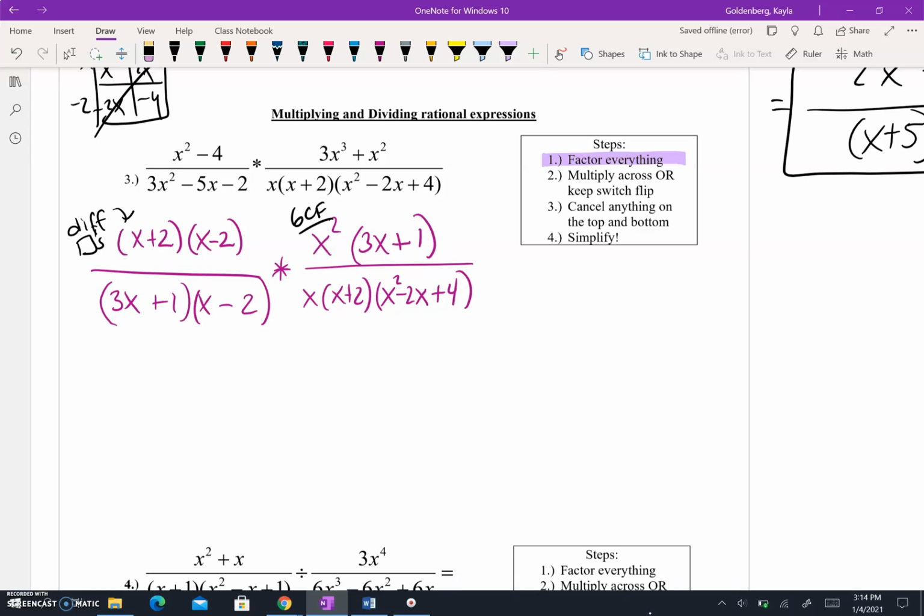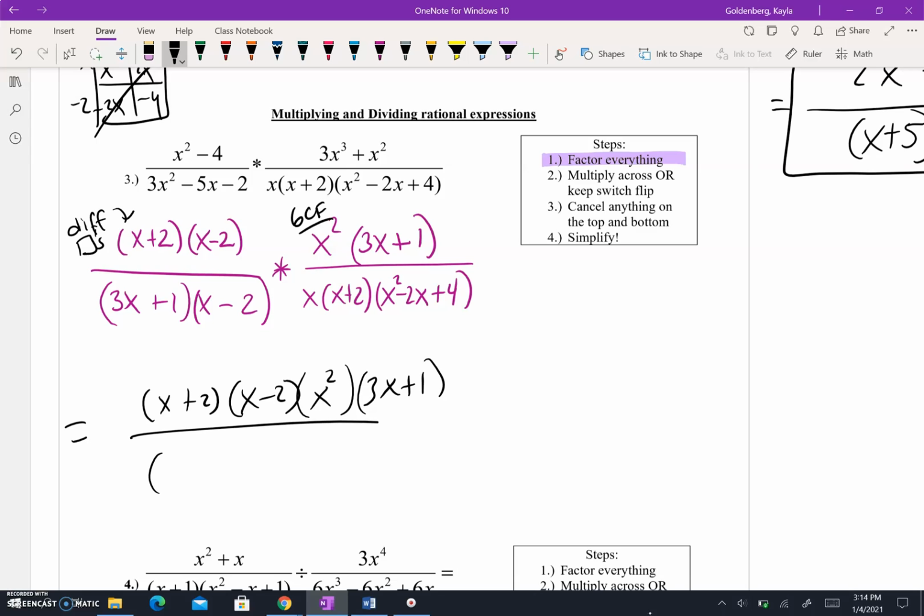We now need to multiply across since it's multiplication. So when I multiply it across, right, top times top, bottom times bottom, it is literally just, pretty nicely, everything is just in one fraction. Everything is joined by multiplication. If you write it in a different order, that's fine because remember you can multiply in whatever order.